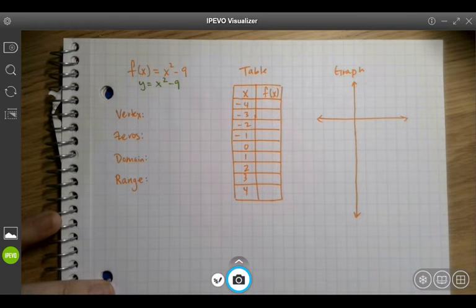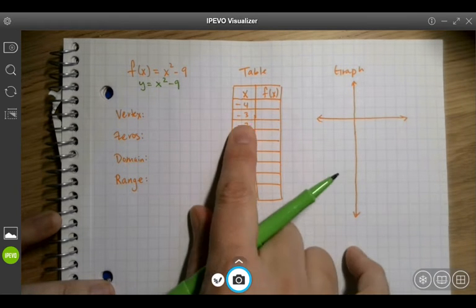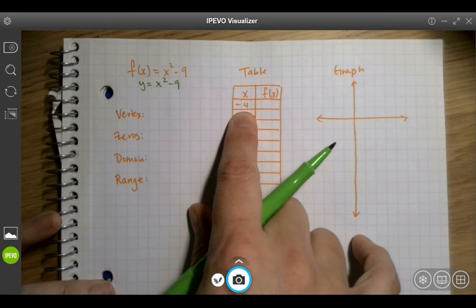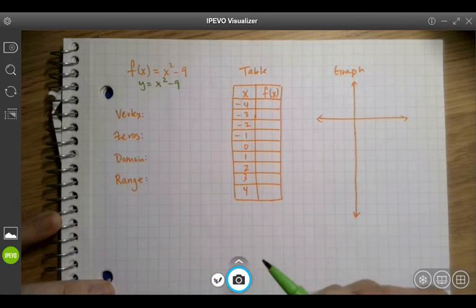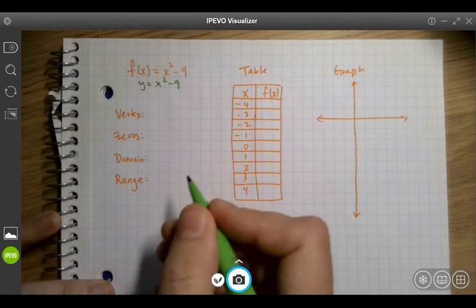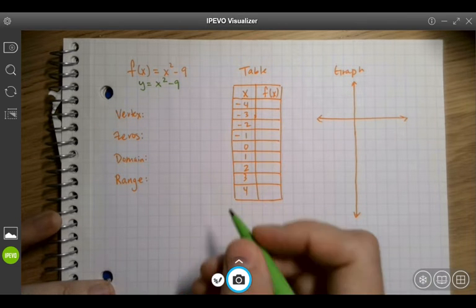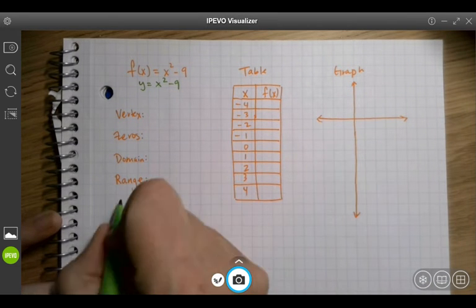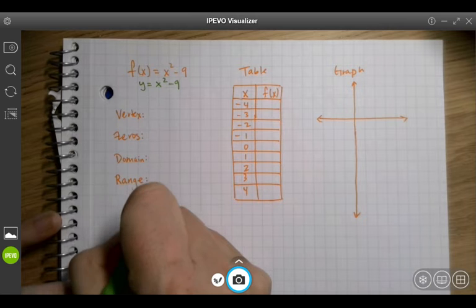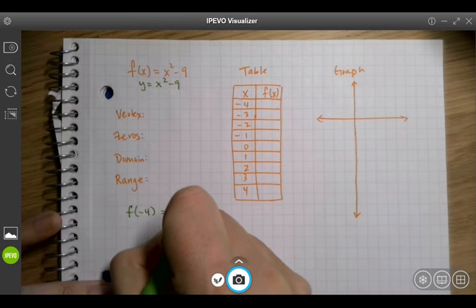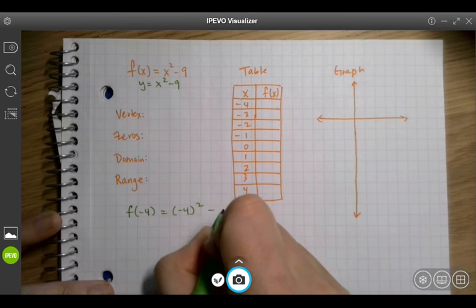Okay, so table. This is if my input is -4. I'm going to show my work for a couple of these and then just bust out the arithmetic. So this first one, f of -4 equals (-4) squared minus 9.